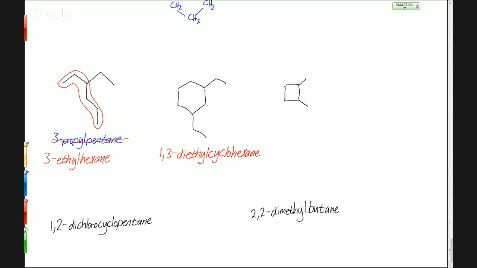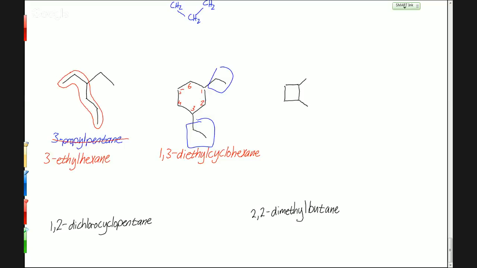So we recognize that there are 6 carbons around in this ring. You want to number it so that those substituents have the lowest possible numbers. You could either go this way or start at the bottom and go counterclockwise. And then you come out with 1,3-diethylcyclohexane. There are 2 ethyl groups hanging off of carbons 1 and 3 of the cyclohexane.